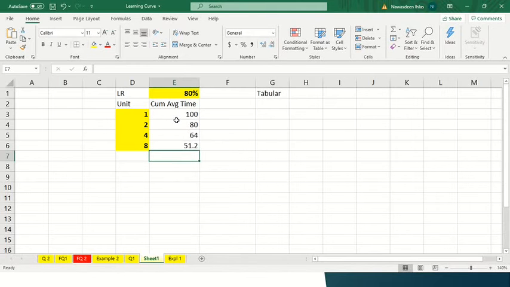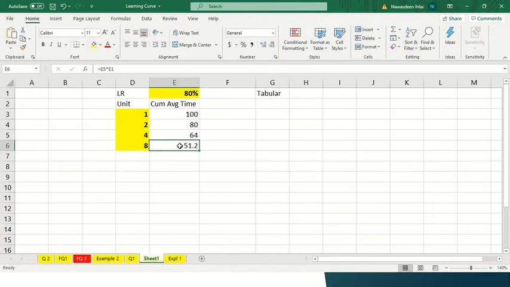Here it is clearly you can see, if we are producing 1 unit, your cumulative average time will be 100 minutes. If you are producing 2, the cumulative average time will be 80. If you are producing 4 units, your cumulative average time will be 64 per unit.